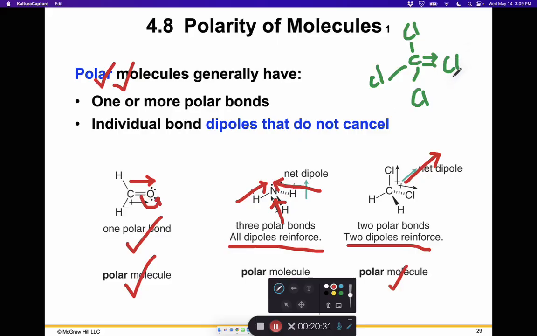The electronegativity value of chlorine, I'm looking at the book right now, is 3.0 and carbon is 2.5. So we have 0.5 difference between them, right? So these bonds are polar. If the question is, are these bonds polar? The answer is yes, the bonds are polar.